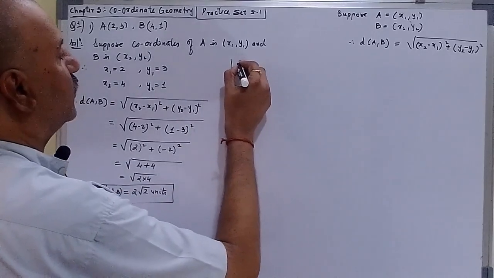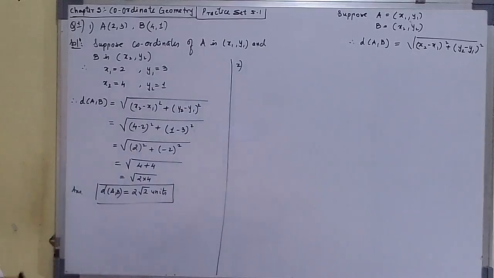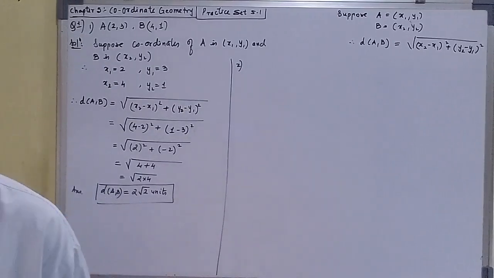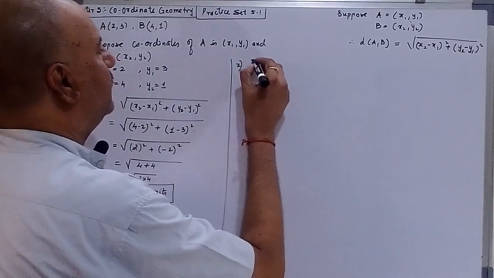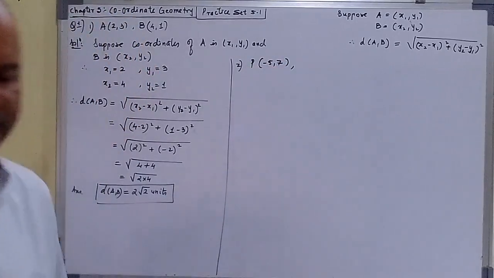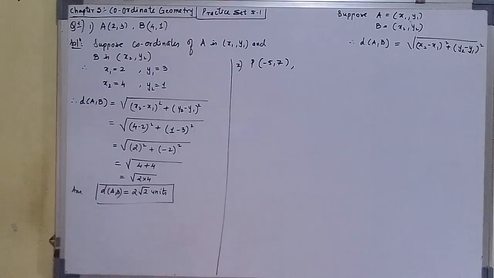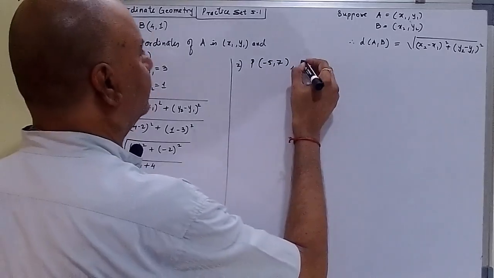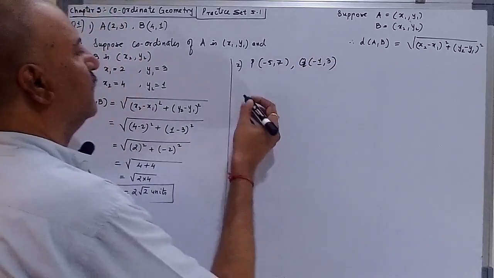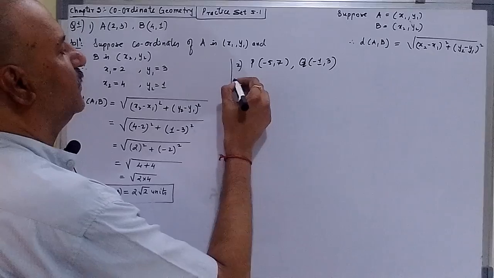Now let's go to the next question. Look at the next question: they have given PQ. P is (-5, 7) and Q is (-1, 3). So in the same way, the solution.